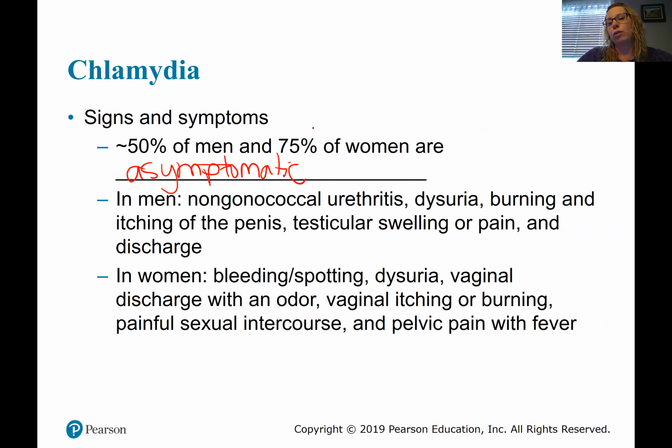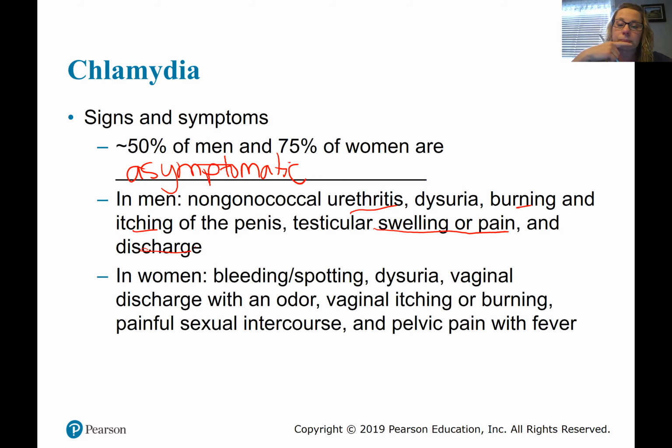Okay, so you may not think that a partner has an issue, but even if they're asymptomatic, they could still transmit the disease. Okay, so in men, inflammation of the urethra, urethritis, dysuria, which is the frequent, urgent needing to urinate, burning and itching, testicular swelling or pain, and also a discharge from the penis.